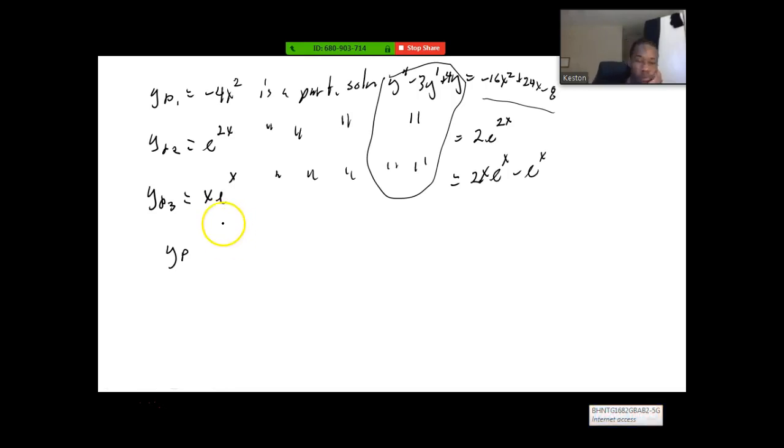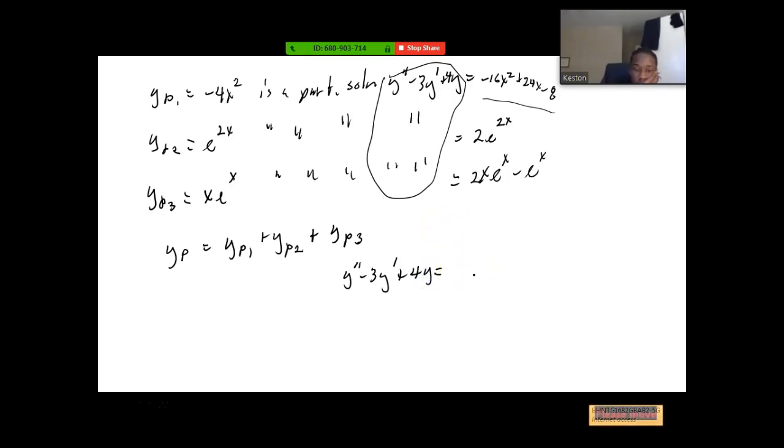Y sub p would then be the sum of these, y sub p sub 1 plus y sub p sub 2, plus y sub p sub 3. That would be your particular solution for the differential equation y double prime minus 3y prime plus 4y is equal to all of these.